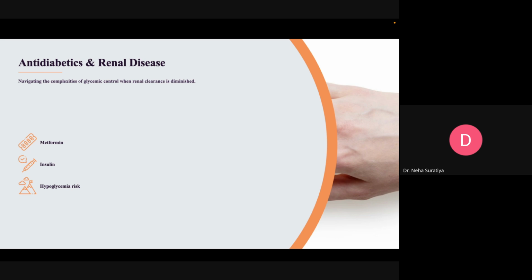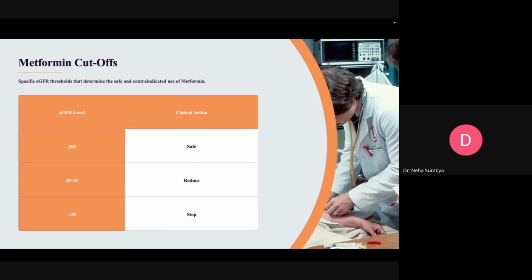For that, I have one example also, metformin cutoffs, guys. You need to understand how exactly it is taken. I will also explain the logic behind these cutoffs. See, if the patient's eGFR level is greater than or equal to 60, that means the kidneys can clear metformin very safely. Okay, eGFR is the estimated glomerular filtration rate.